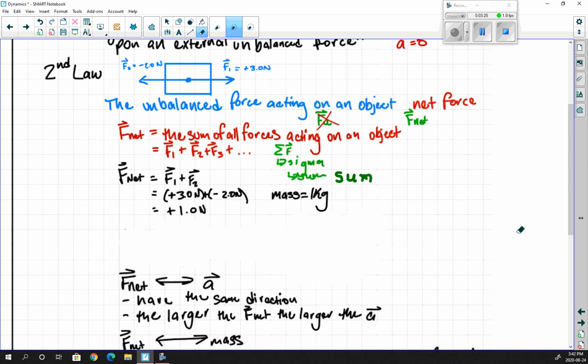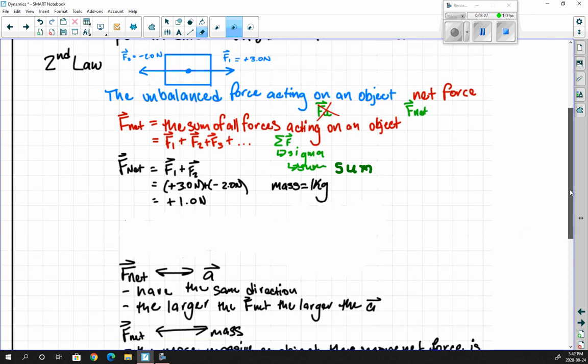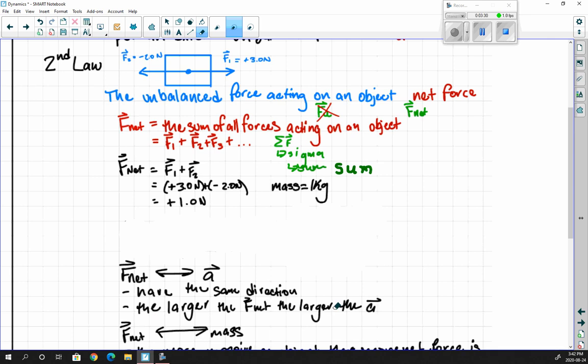The other thing that Newton realized is that the larger the net force, the larger the acceleration. So if we had not a net force of 1, but of 2 or 3 or 4 or 5 newtons, as the net force increased, the acceleration increased.